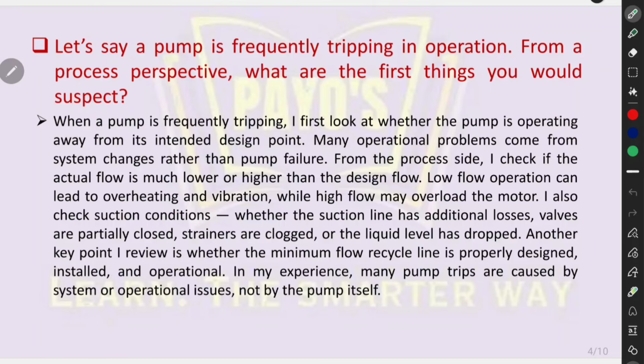I also check suction conditions, whether the suction line has additional losses, valves are partially closed, strainers are clogged, or the liquid level has dropped. Another key point I review is whether the minimum flow recycle line is properly designed, installed, and operational. In my experience, many pump trips are caused by system or operational issues, not by pump itself.